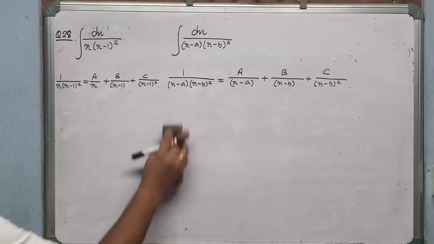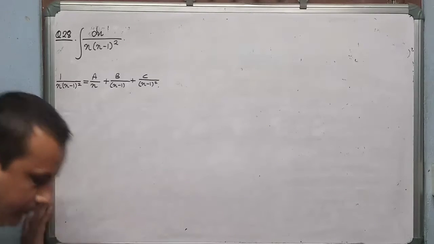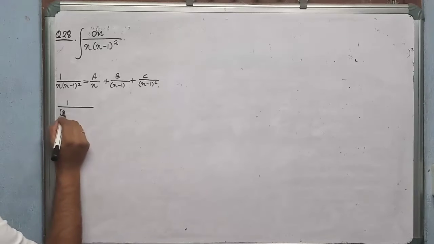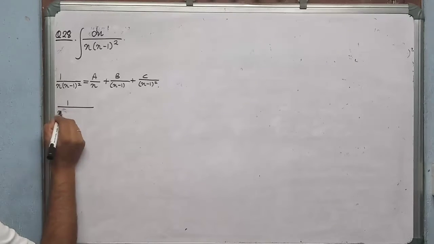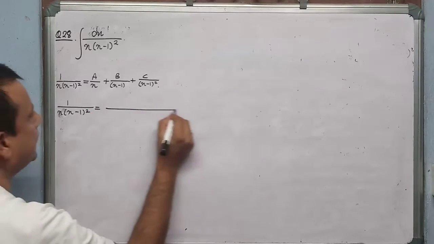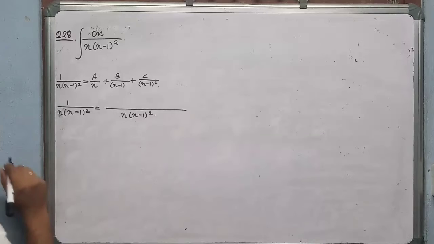The method is almost the same. Now I'll take the LCM. 1 over x into x minus 1 whole square is equal to, on the right hand side, the LCM is x into x minus 1 whole square.